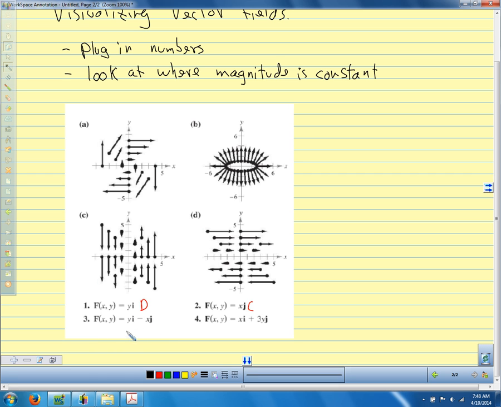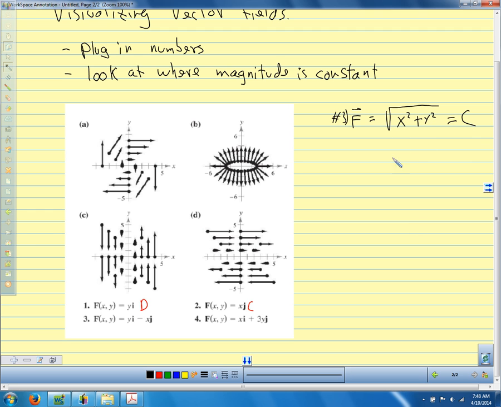So this is one where we could look at the constant magnitude. For number 3, what I look at is the magnitude of F equals the square root of x squared plus y squared, and that equals a constant. So we're looking for where the magnitude is constant.